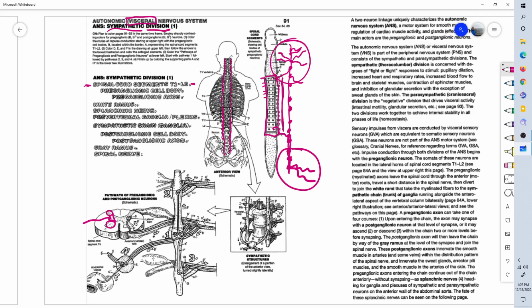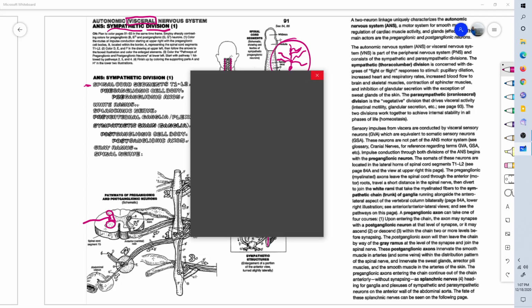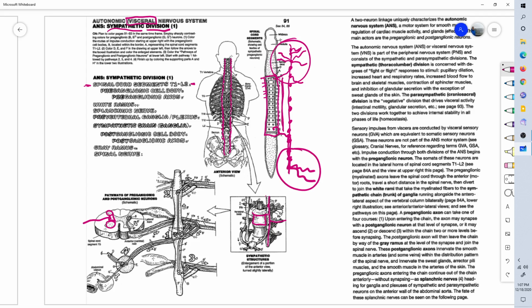So, here's an example right here. Here's the vertebra. Here's the sympathetic chain running up and down the spine. And then there are fibers coming out to go innervate the organs. Here's the spinal cord right here.